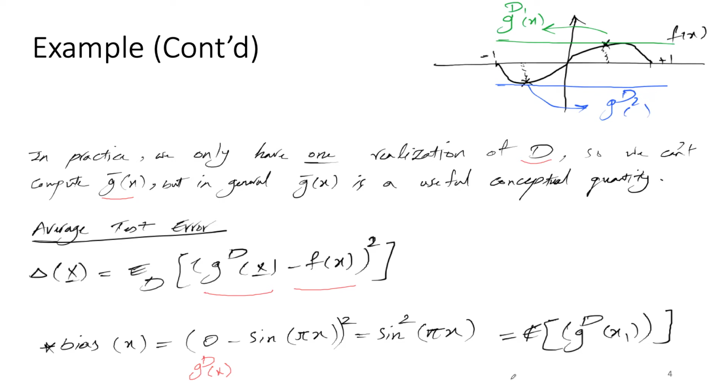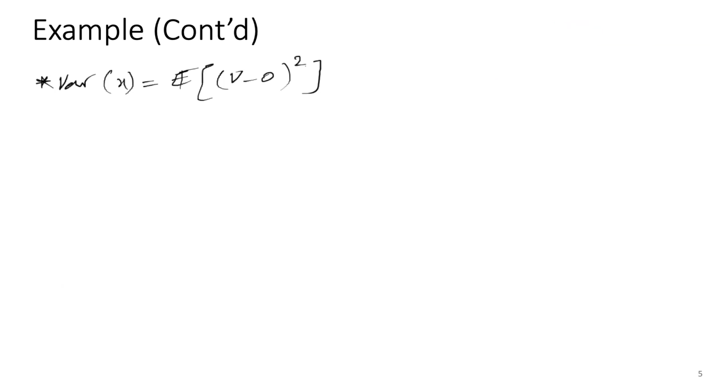Thus, in this case, it would be equal to this. Now let's talk about the variance. So our variance in this case would be the expected value of v minus 0 here raised to 2.